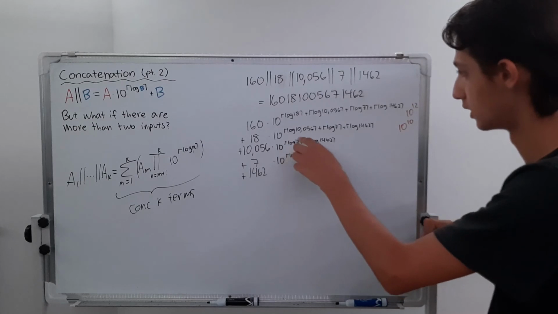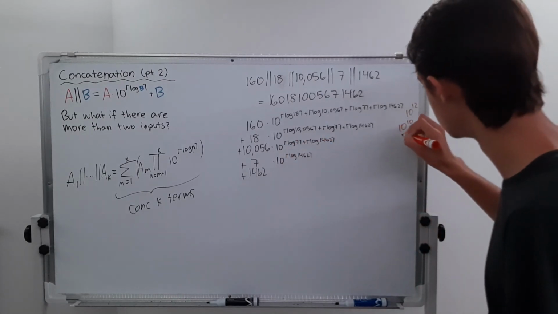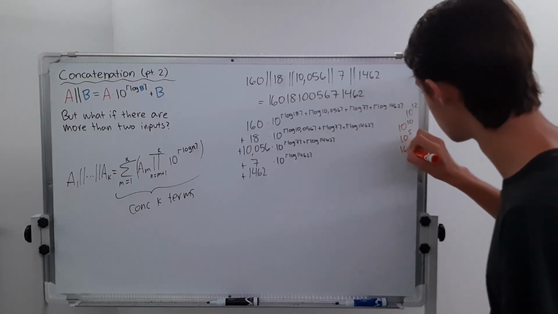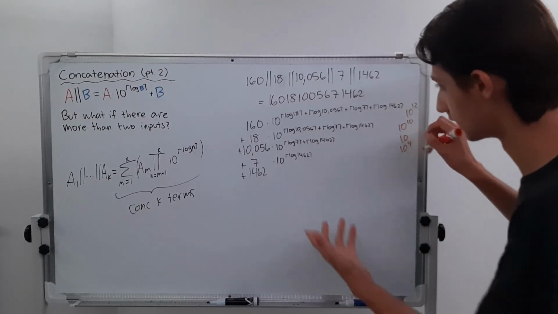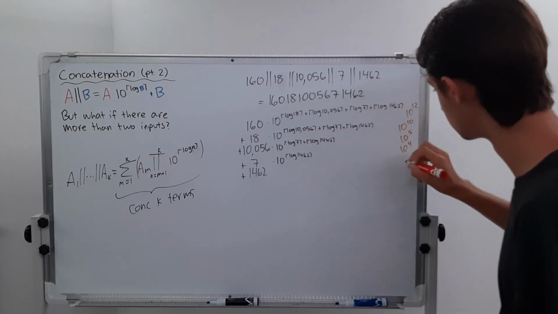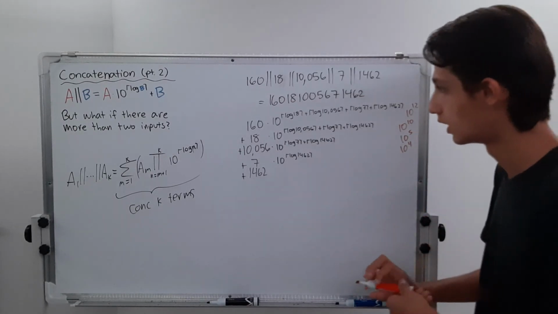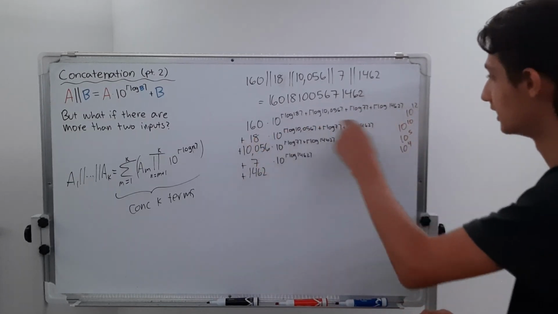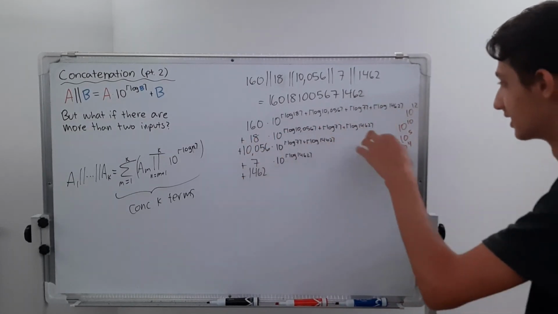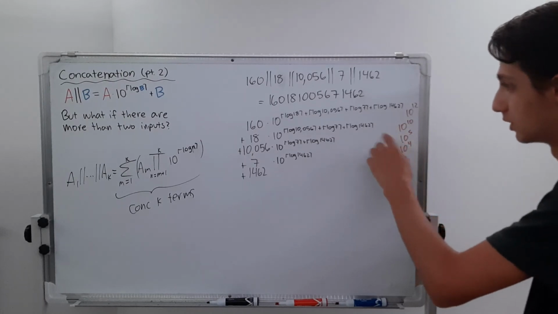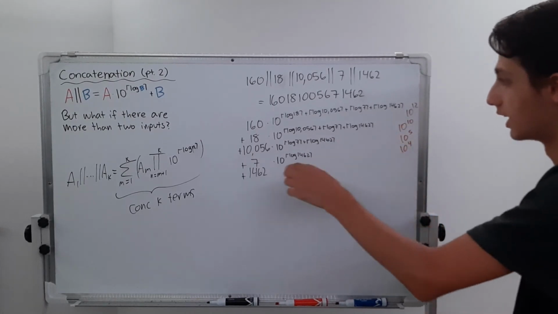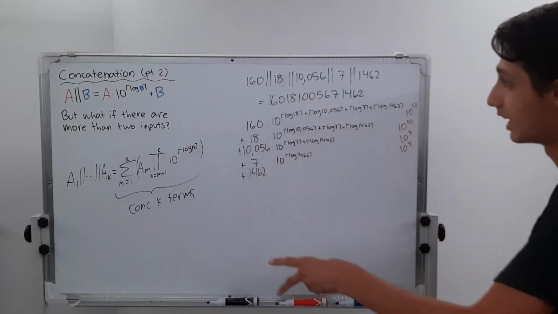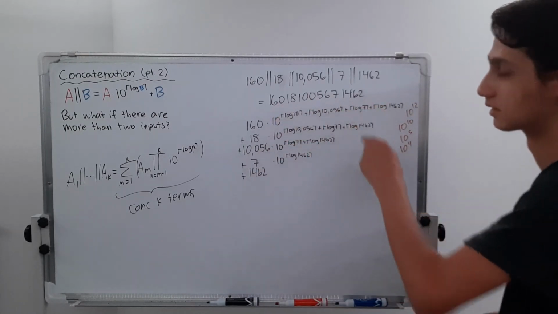Then minus those 5, so that's going to be 10 to the 5th. Then that's just going to be 10 to the 4th. And then at the end, it's obviously 1, so I'm not even going to put it. So essentially, we have 160 times 10 to the 12 plus 18 times 10 to the 10th plus 10,056 times 10 to the 5th, and then plus 7 times 10 to the 4th, and then plus 1462. And if you compute it, it's going to add up to this crazy number.